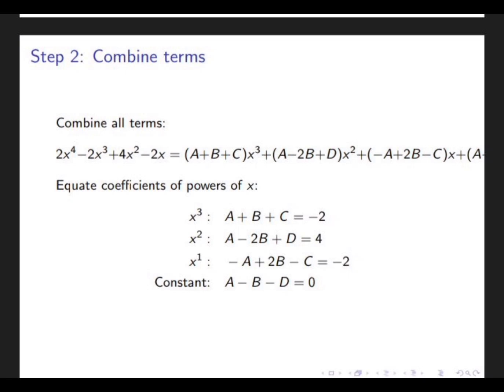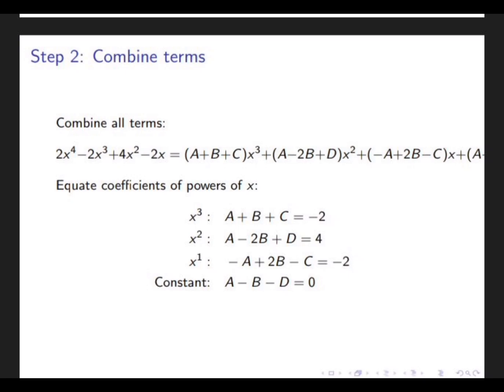For x cubed, we have a plus b plus c equals minus 2. For x squared, a minus 2b plus d equals 4. For x, we have minus a plus 2b minus c equals minus 2. Lastly, we have the constant term, which does not have the x variable.